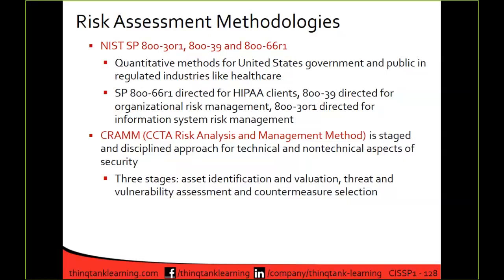But it's more specific to those organizations. It's just another risk analysis methodology, and like I said, there are a bunch of them. Thankfully, you don't have to know all of those details.